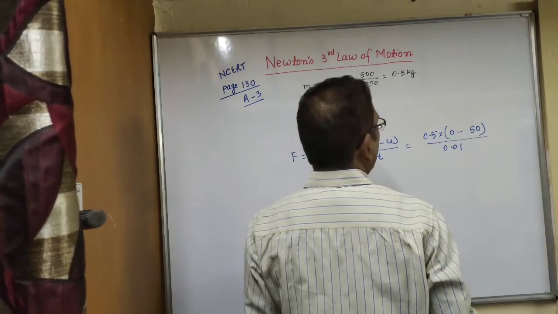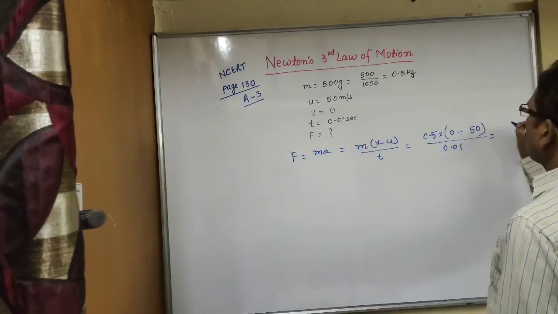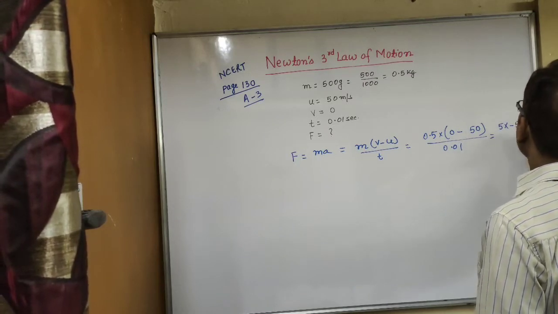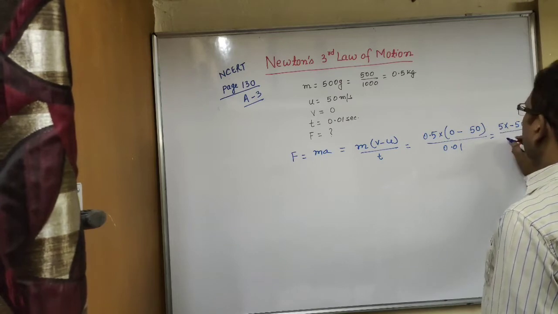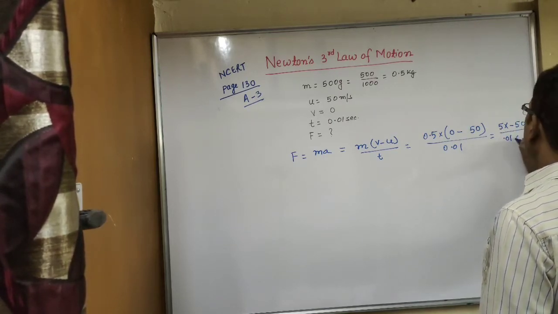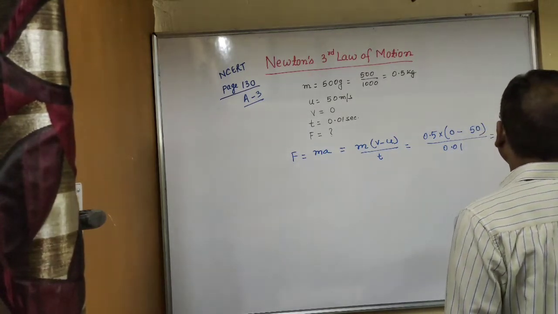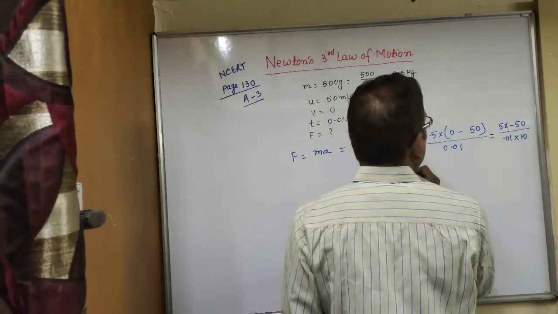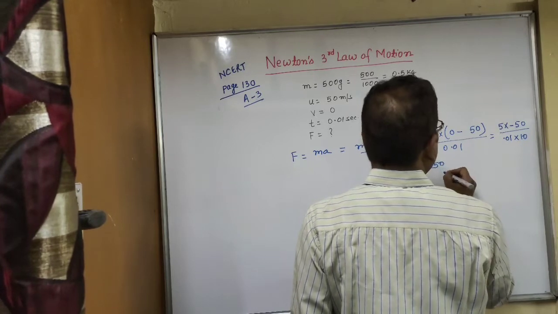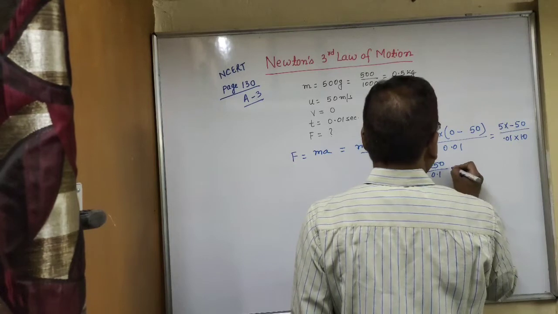If you want to remove the decimals, you can write 5 into minus 50, and then it will be 0.01 into 10, so it will be minus 250 into, this will be 0.1.